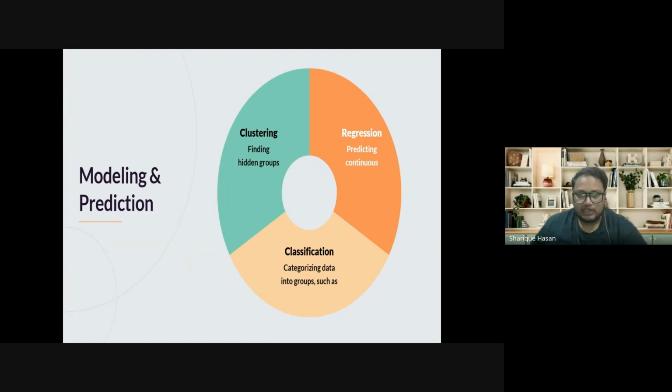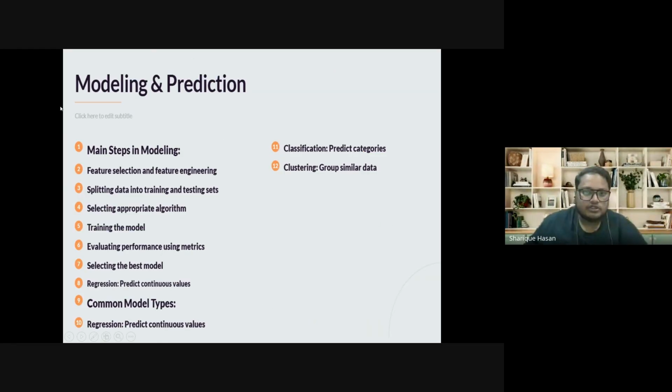So let's move on to the next thing, which is modeling and prediction. What do you mean by modeling? Modeling and prediction. The main steps in modeling are feature selection and feature engineering.